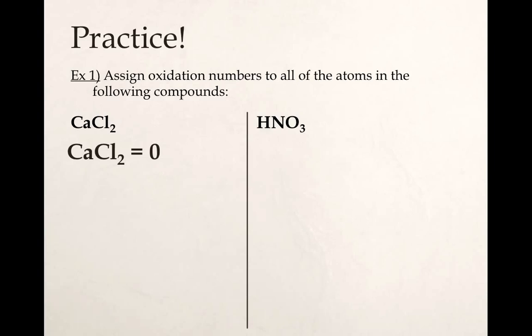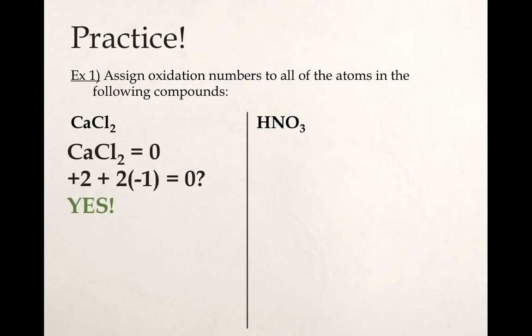The second step would be to plug in what we think the charges are going to be. Calcium is normally +2. Chlorine is normally -1. I have 2 of them though, so I'm going to multiply -1 times 2. 2 plus -2 is 0. Is it 0? Yes.